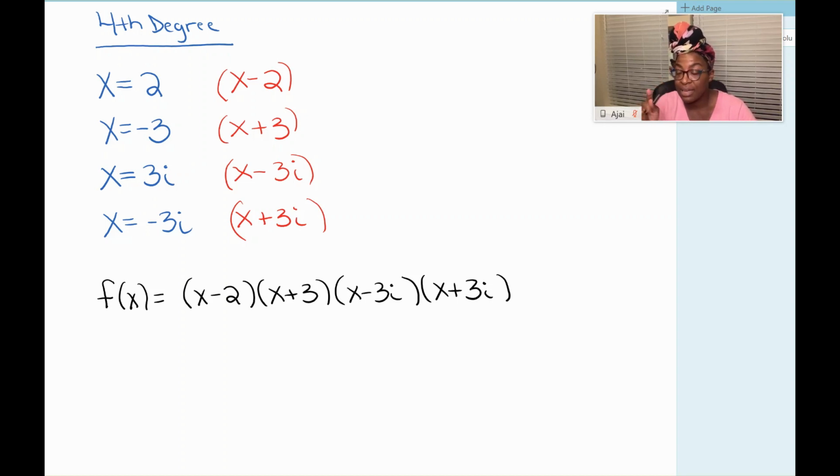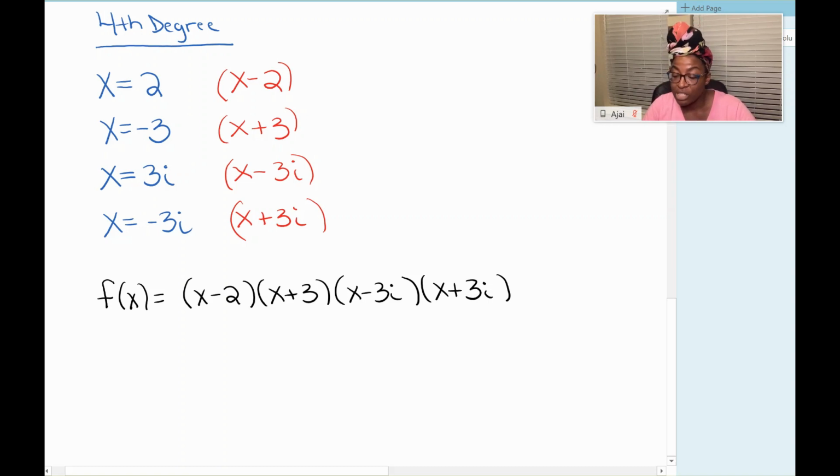The second thing is, notice how I lined up everything. The two factors that had i's in them, I put them side by side. This is very important. I have a 3 and I have a minus 3, and I put those two factors, the x minus 3i and the x plus 3i, side by side.